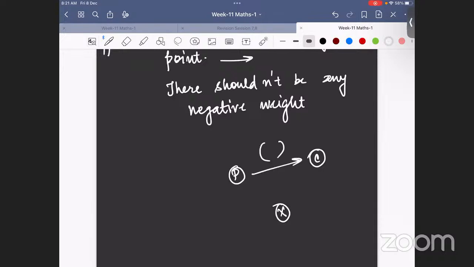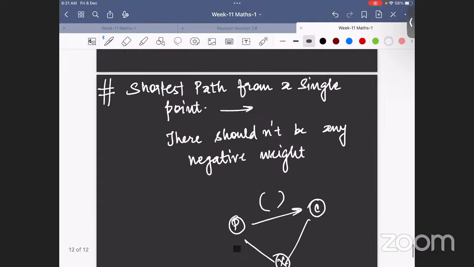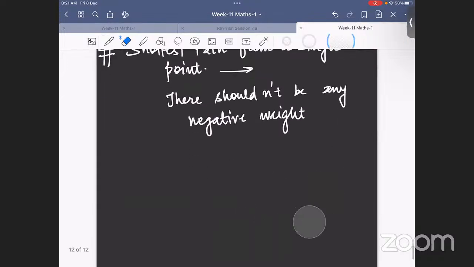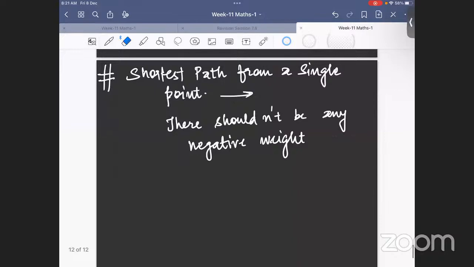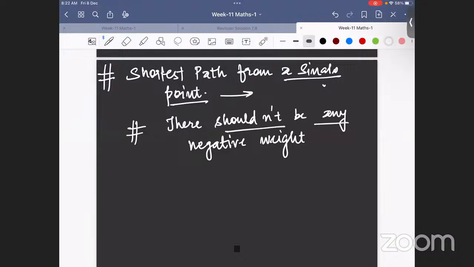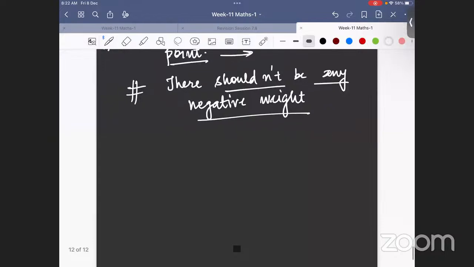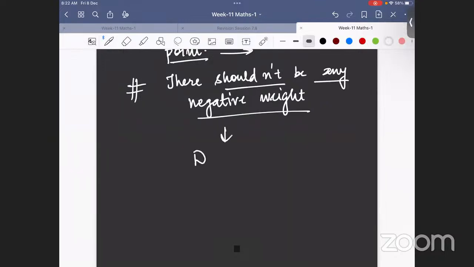This should be a positive value only. Okay, this is what has been given to you. And if so, this algorithm will work there only. If you have to calculate the shortest path from a single fixed point to some other point, and the thing that is given to you is there should not be any negative weight, then you can use this algorithm.